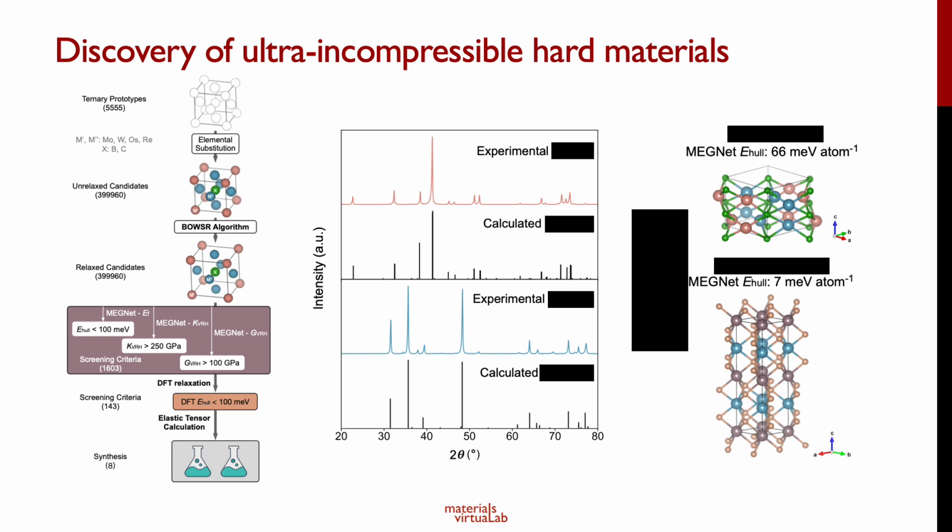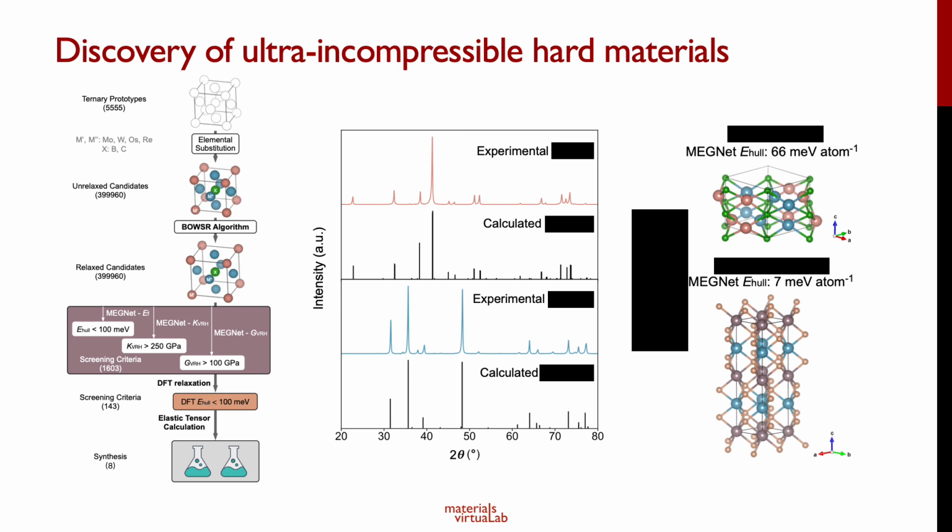Now, the proof is in the fact that we have actually managed to discover two completely new ultra-hard incompressible materials in the lab. Our collaborator has managed to synthesize them and confirm that they have the properties that we predicted them to have.